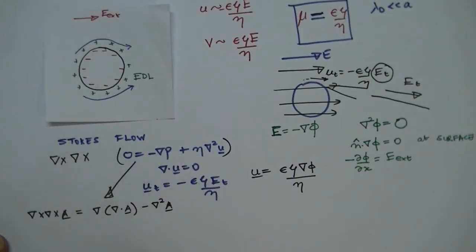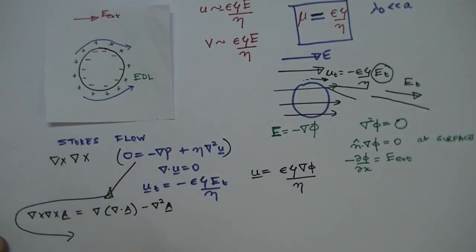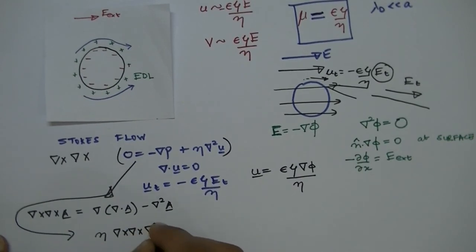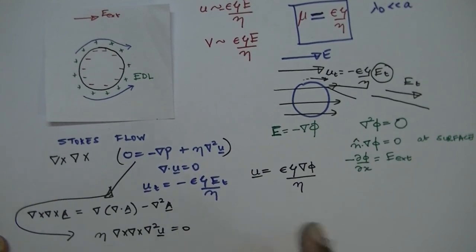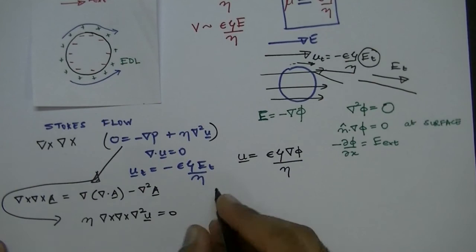So in our case, by taking the first curl, the pressure gradient term is eliminated, so this equation simplifies to eta times curl of Laplacian of u equals 0, and these operators can commute.